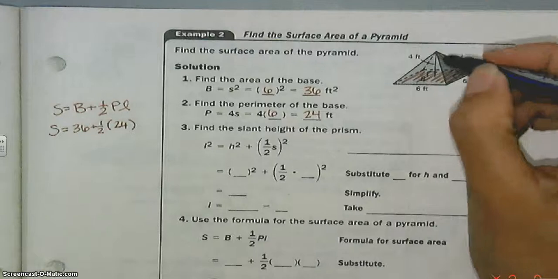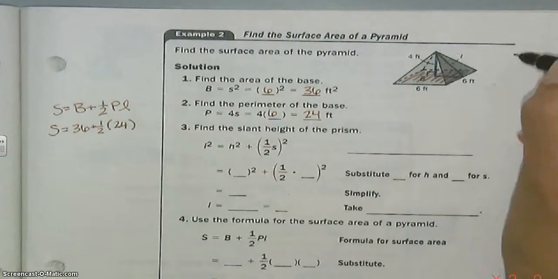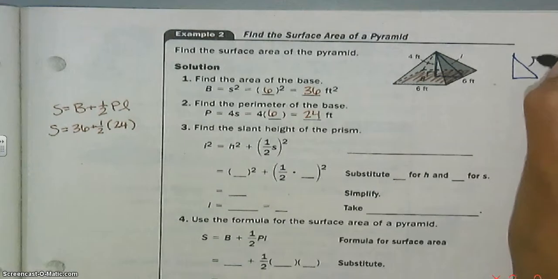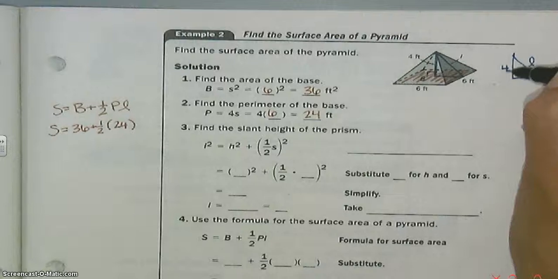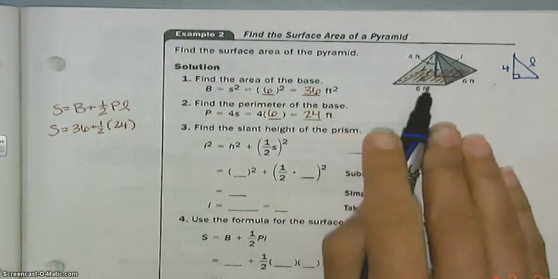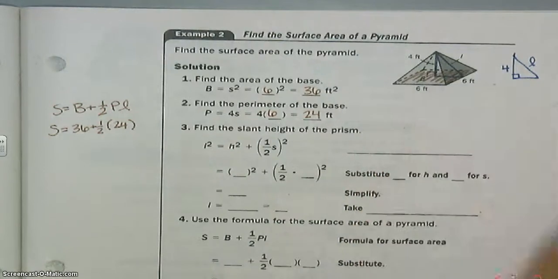So you have to draw in your right triangle. So redraw it over here. So this is L. We know the regular height is 4. How big is this? Well, all the way across is 6. And we're going from the middle to here, so that's just 3, half of 6.